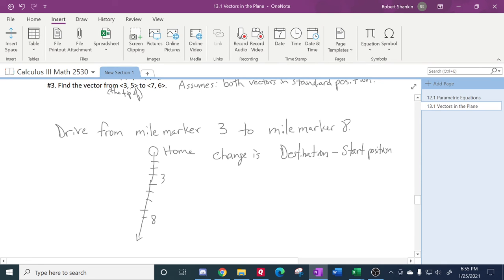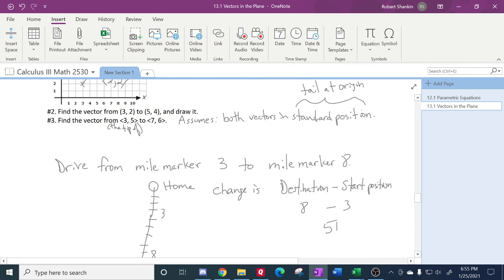It has to be in that order. 8 minus 3 to get the sign correct. If you take the start position minus your destination, you'll get the wrong sign. You'll get negative 5 over there.